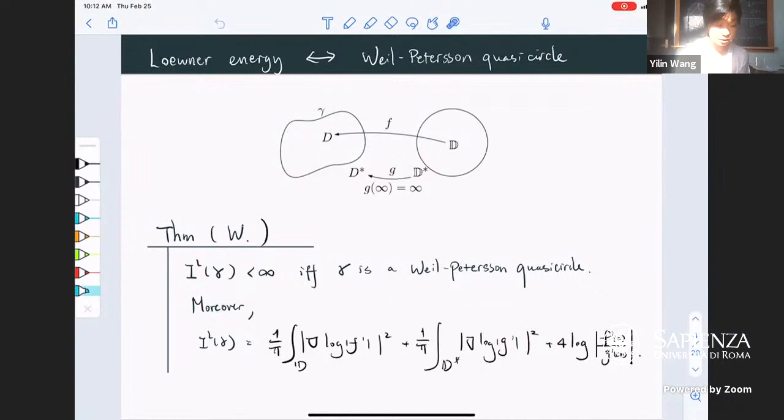It's quite complicated and hard to compute. But on the right-hand side, you only need to consider two conformal maps. I call the left a dynamic definition of Loewner energy, and the right-hand side a static definition. So if you don't remember what a driving function is, never mind, you can think of the right-hand side as the definition of the Loewner energy of gamma.